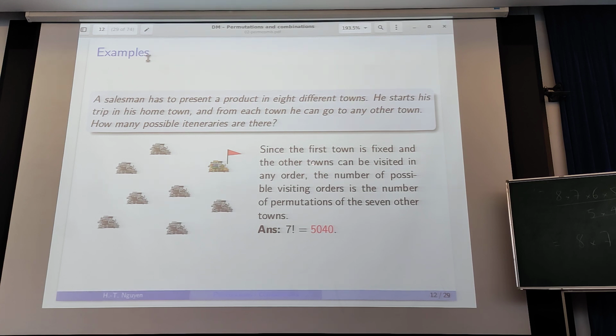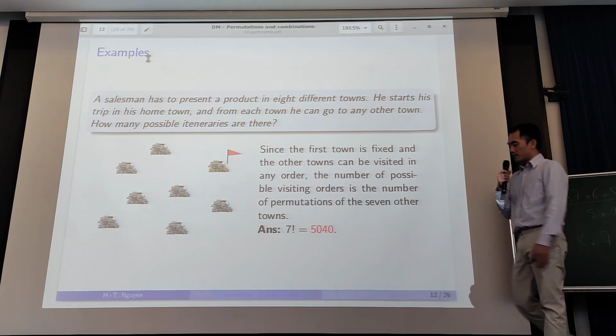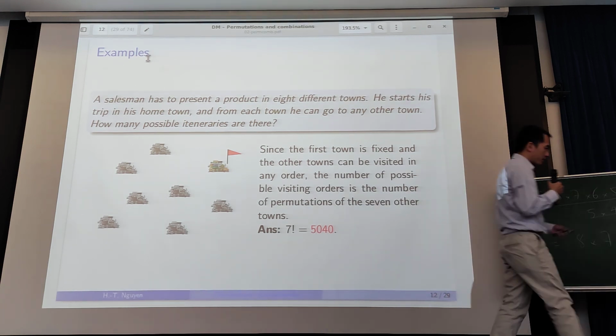So you can verify that each trip corresponds to a permutation of the towns. So the total number of possibilities is 7 factorial, which is the number of permutations of 7 towns. So this person has roughly 5,000 ways to plan to make his trip.